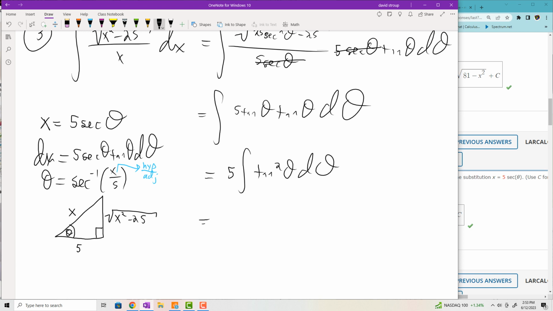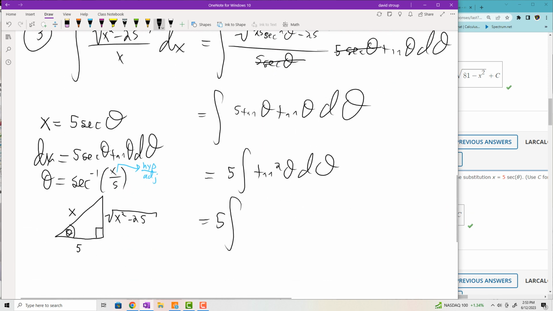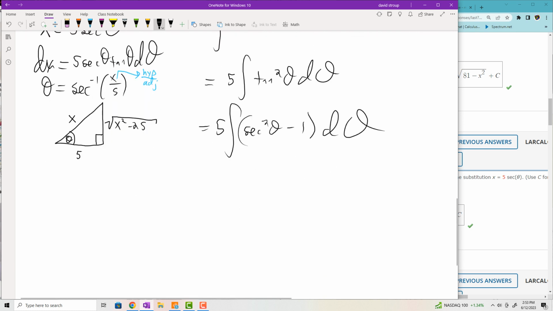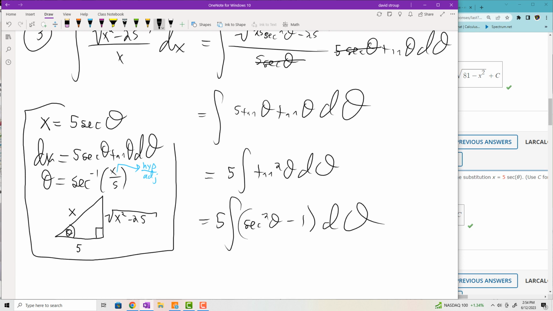To deal with tan squared, you got to convert it, you use these identities again. So it's secant squared theta minus 1. And then we can integrate each of those, they're just elementary integrals. Right?